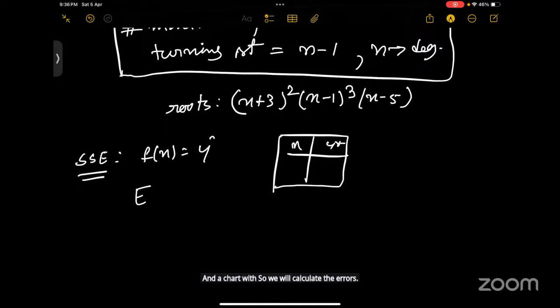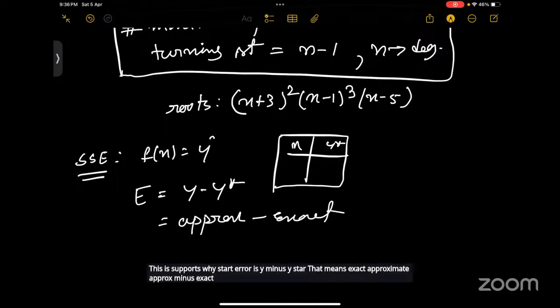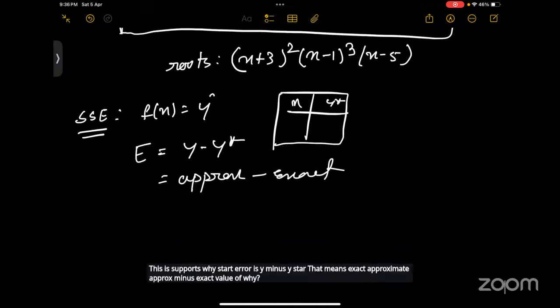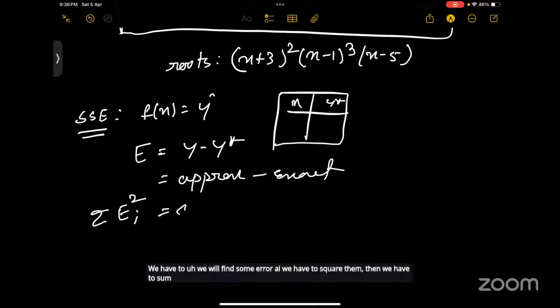Suppose this is y star. Error is y star minus y, that means approximate minus exact value of y. Then we find the error for each point, square them, then sum them. This is nothing but our SSE.